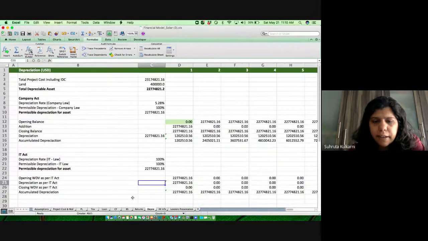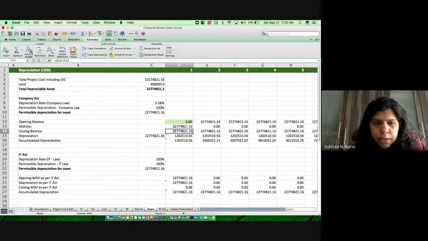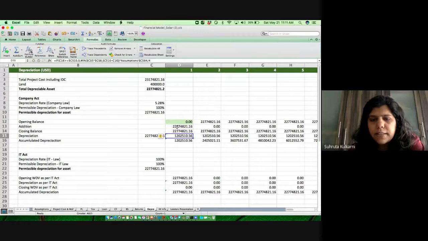Basically, what is the asset value at the beginning of the year? Let me also show it through the Company Act. The opening balance asset value, any asset addition that I am doing, and the closing balance, which is nothing but opening plus the addition. Then how much is depreciated?